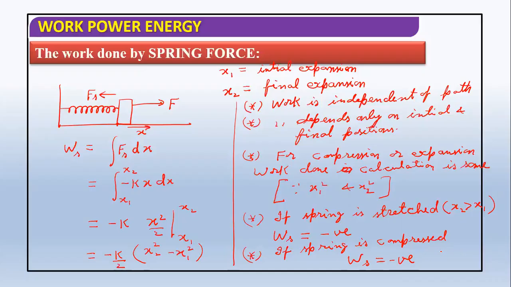Suppose this is the natural position, and it is compressed by 5 centimeter and then further compressed by 10. So final is minus 10 centimeter and initial is minus 5 centimeter. So minus 10 square, minus 5 square, and then we have the negative with the whole. So again you are going to get negative. So work done will be negative.